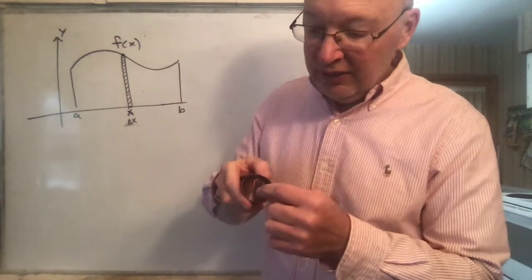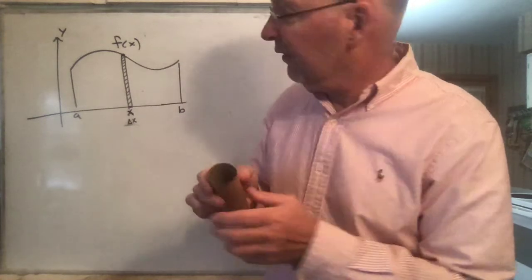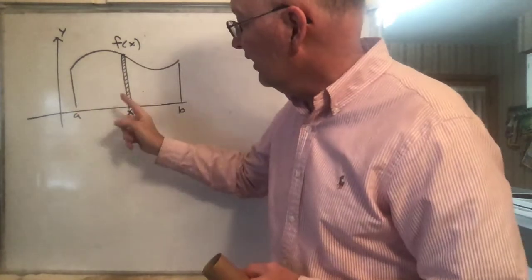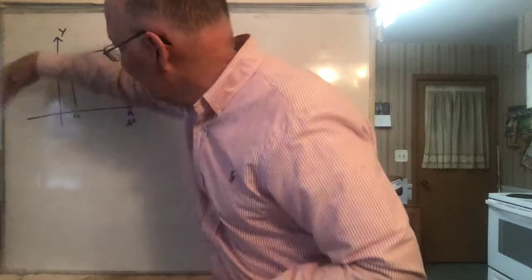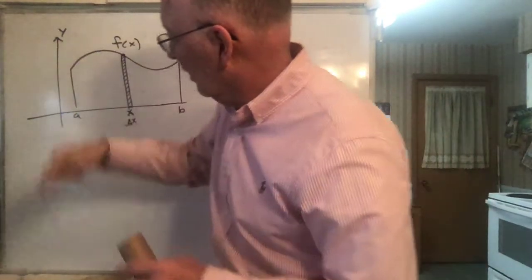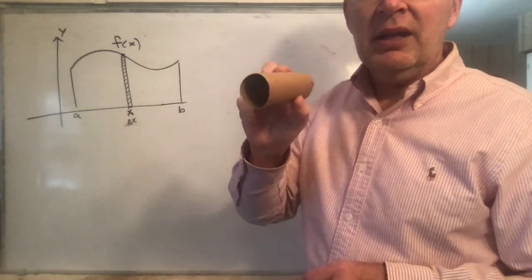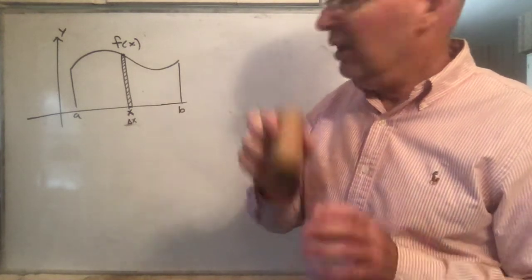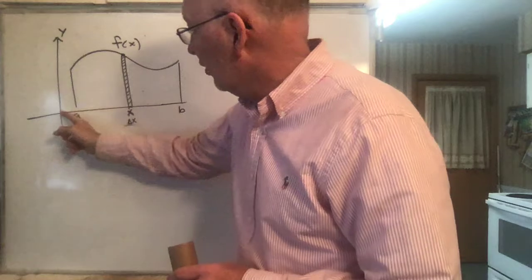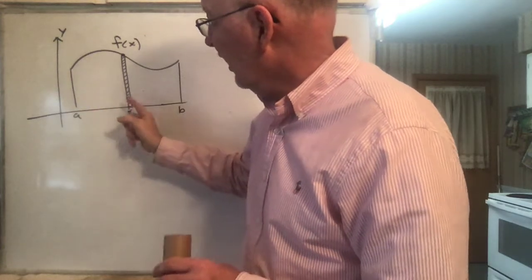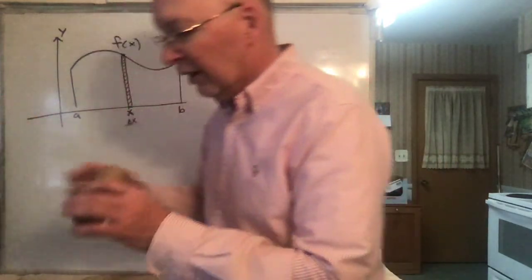It's the radius from there to there. So from here to here is the radius of this cylinder. You're going to get a cylinder, and the radius of the bottom of it is going to be from here to here, which is going to be x, taking that all the way around.